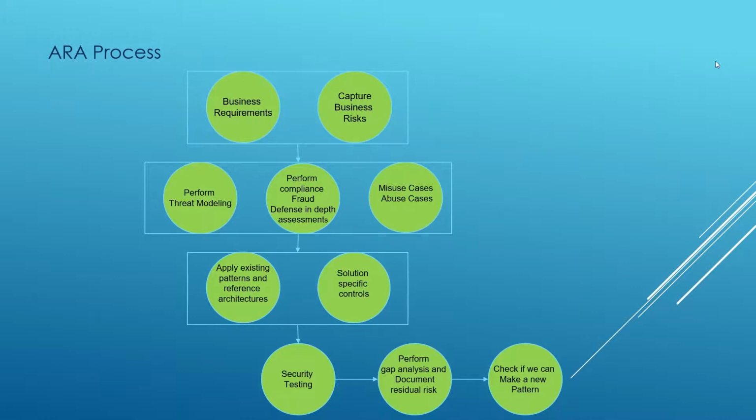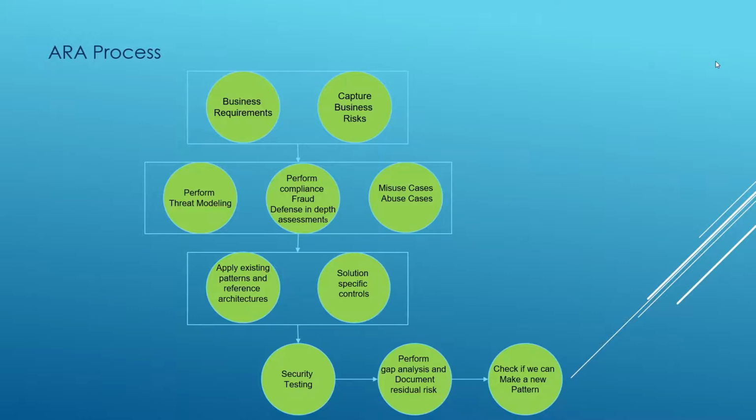And once the system is ready, then you go ahead and perform security testing. While performing security testing, use your misuse abuse cases to validate your controls. You may also want to do some kind of VA testing.